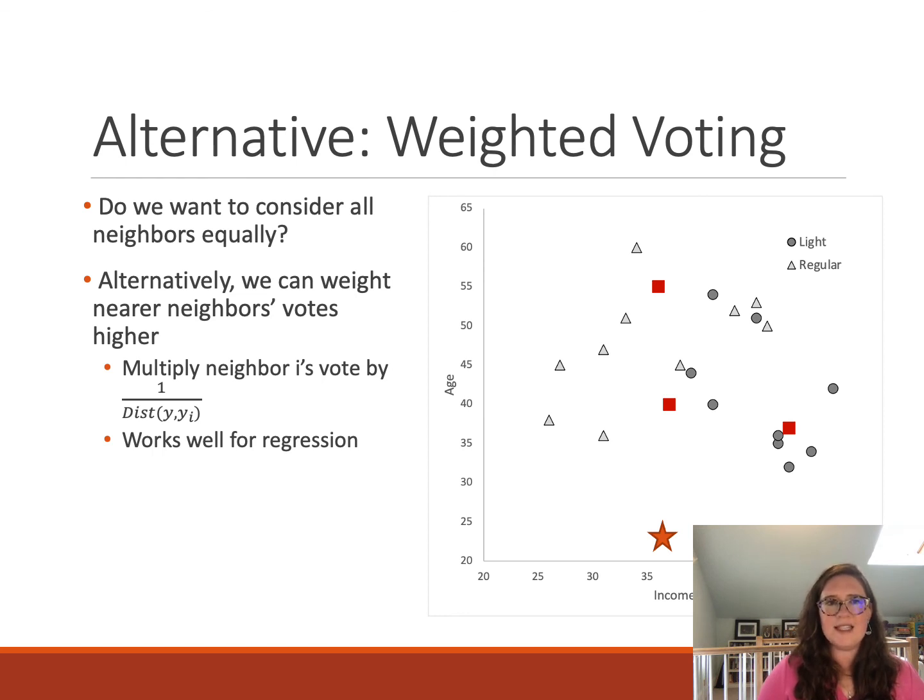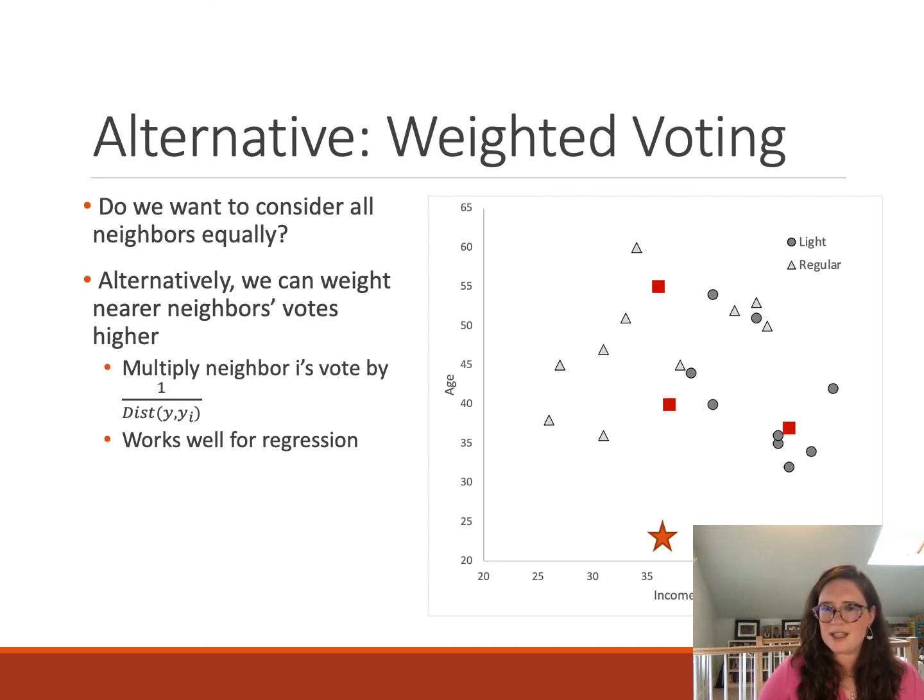One last thing to consider is whether we want to count all neighbors' votes equally. Consider the starred instance, down on the bottom in the middle. If we considered all neighbors equally, let's say with 10 or 11 nearest neighbors, we'd end up counting the nearest neighbor as important in the voting as the 10th nearest neighbor.